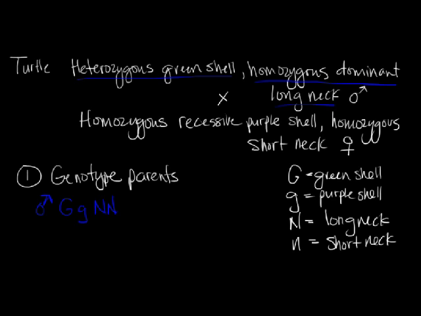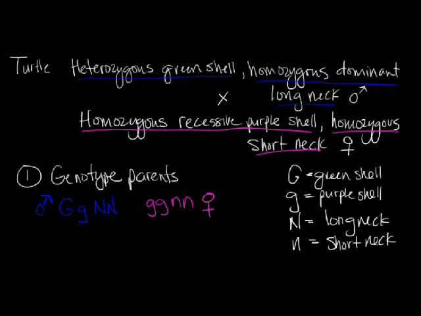And then we have our female. She is going to be homozygous recessive purple shell, so little g, little g, and then we have homozygous short neck, which is going to be two little n's. So these are the genotypes for the parents.